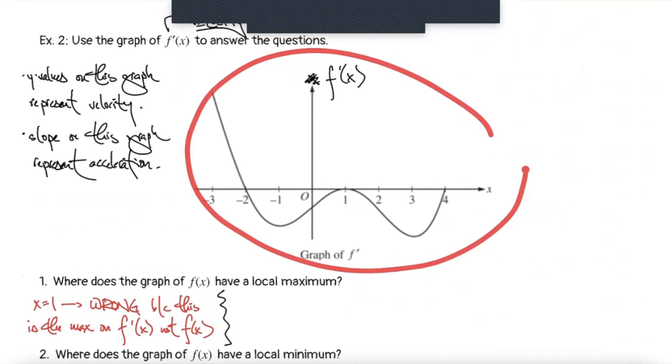Where on this graph, which is a graph of velocity, does the velocity go from positive to negative?